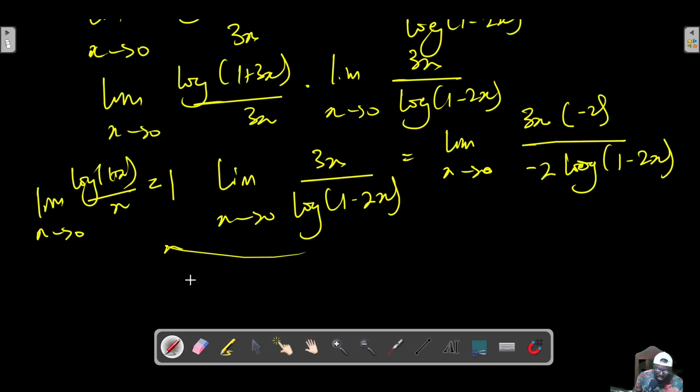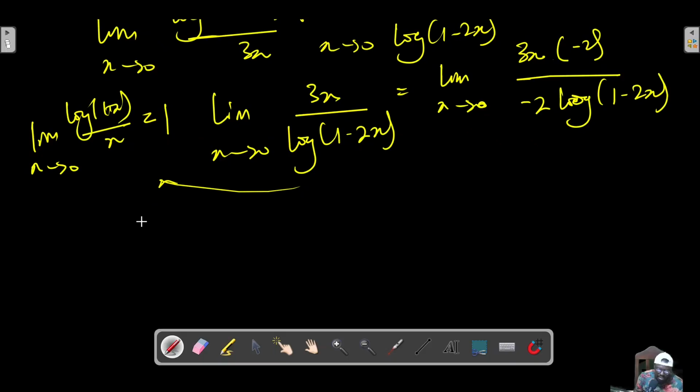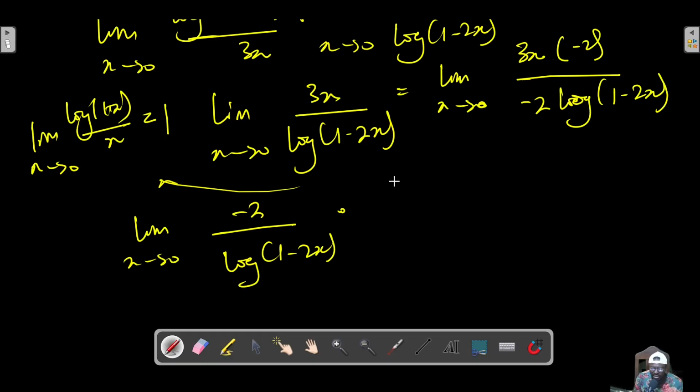Now, the limit as x approaches 0 of the expression, that is negative 2x divided by log(1 - 2x), multiplying 3x over negative 2x. Write the x here and erase this x. You're just manipulating the expression according to the standard you are using.